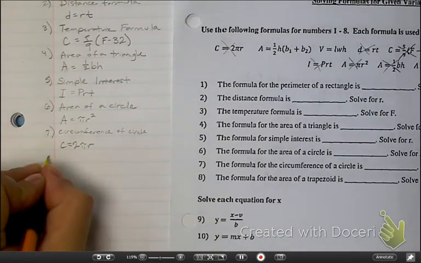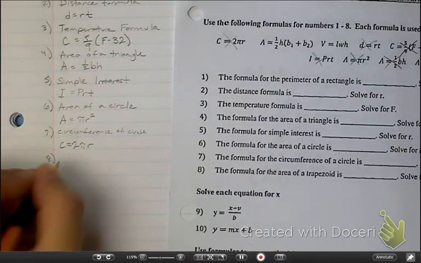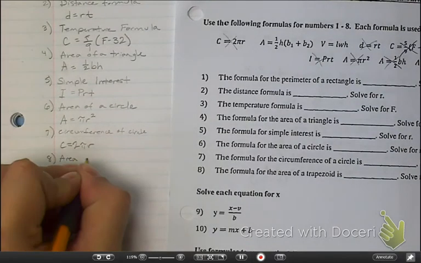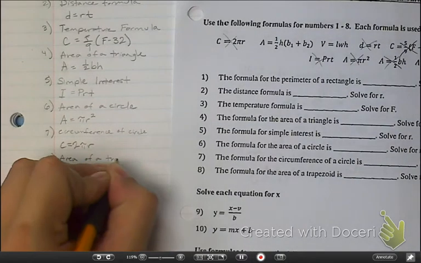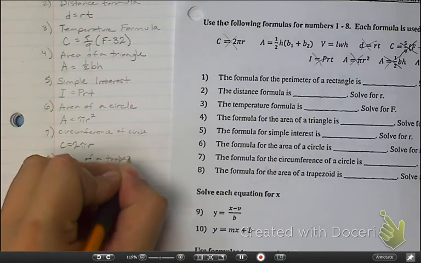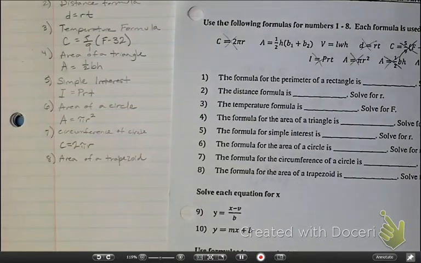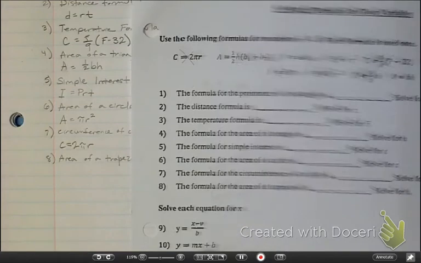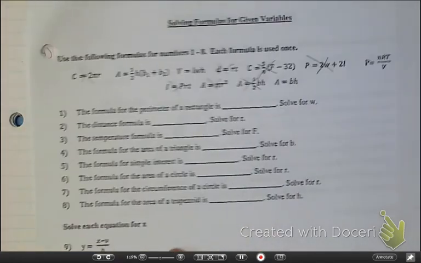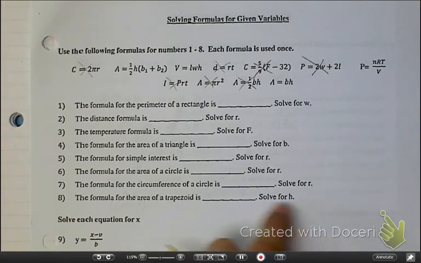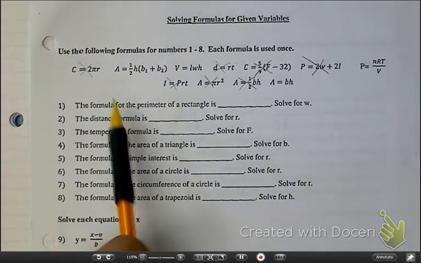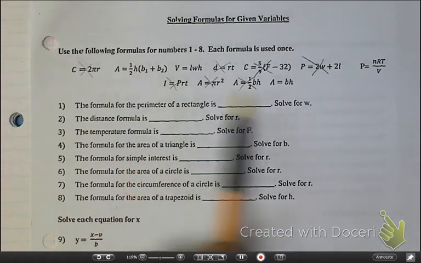And last but not least, the last one they're looking for is the formula for the area of a trapezoid. Area again starts with A, so I'm guessing we're going to be looking for an A. In a trapezoid, it says solve for H. The only ones I see with an A and an H that are left are this one up here and this one down here.